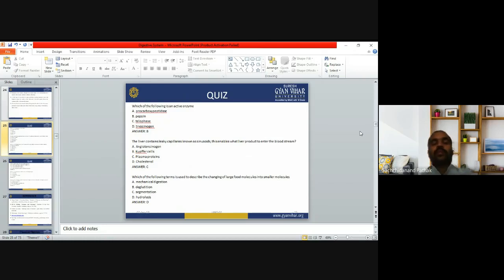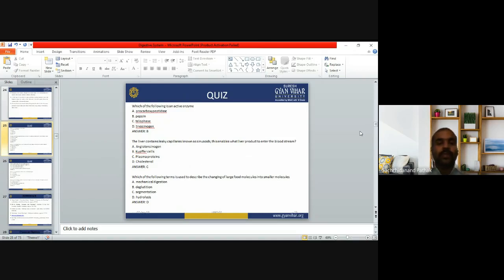Trypsinogen is not active; when it meets enterokinase at the brush border, it becomes active as trypsin. Procarboxypeptidase is still not active. So what is the active form? Pepsin. When pepsinogen meets HCl, it becomes pepsin, so it is the active form. So answer B is correct.